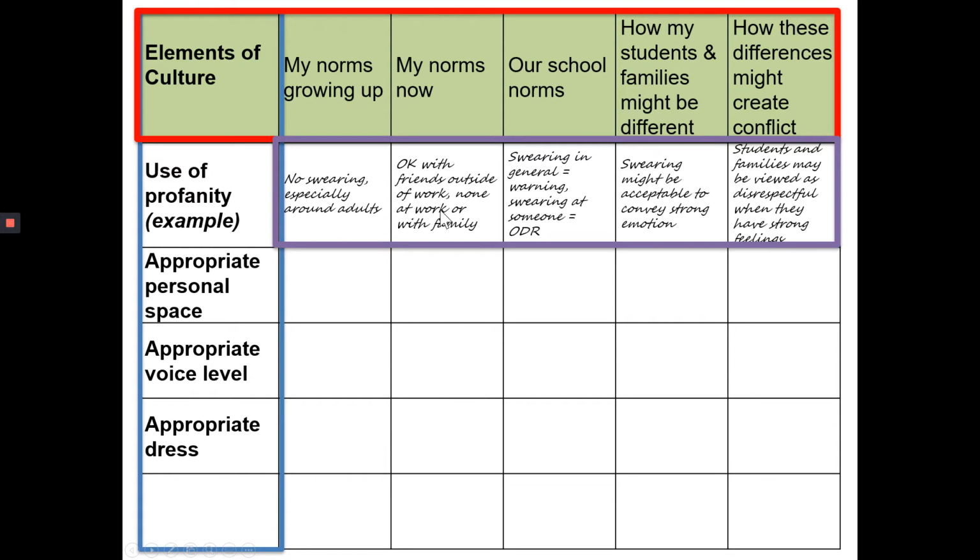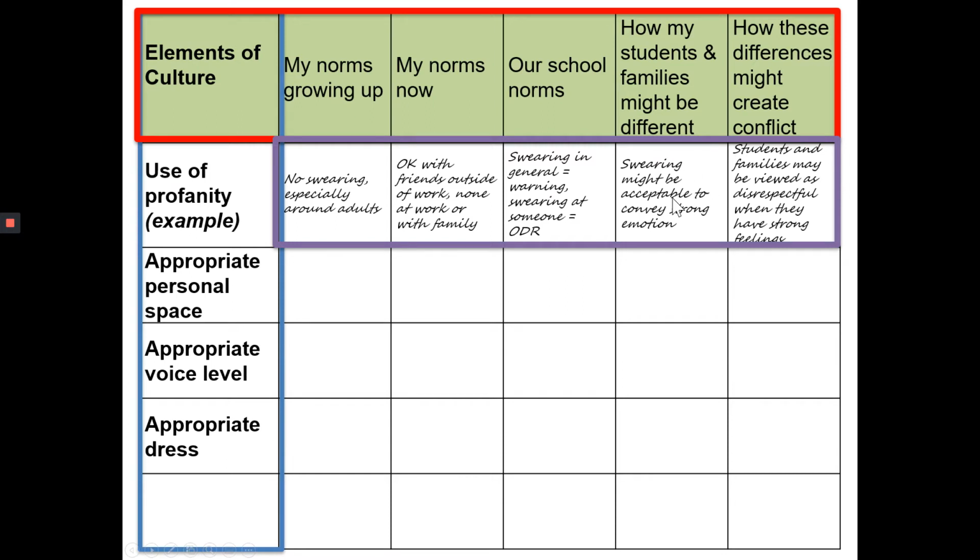Today, I do use some profanity, but it is only really with my friends, and it's not in work settings. When I'm working with students, if I hear it in general, I would give a warning to that student. If I hear a student using it to insult another student directly, that might warrant an ODR or behavior referral.